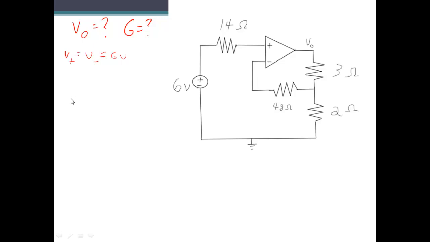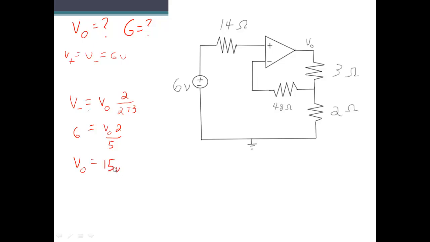The voltage divider rule says that V minus, which is the same as the voltage across this 2 ohm resistor, is equal to V out times 2 over 2 plus 3, which is just equal to V out times 2 over 5. So doing a little algebra, we can find that V out equals 15 volts.